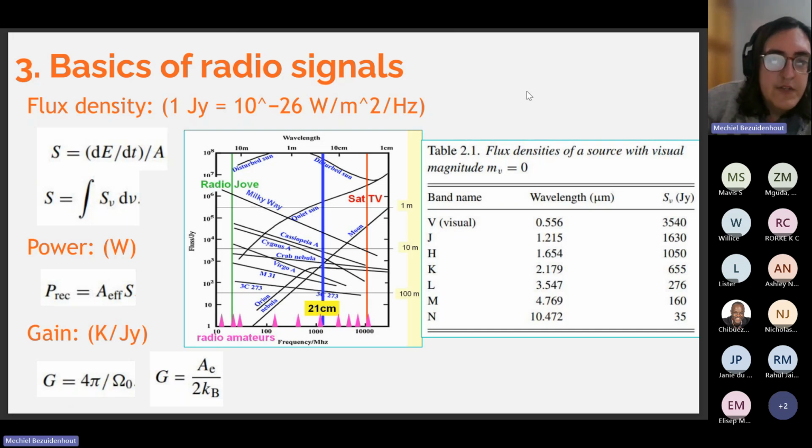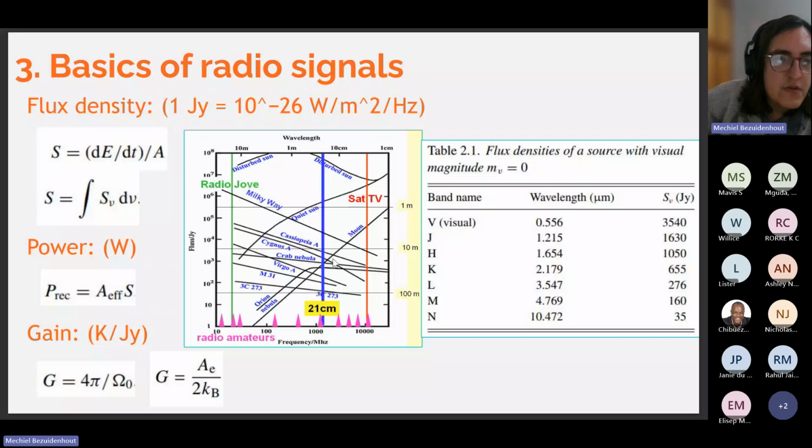To give you some notion of this, the plot in the middle shows the flux of different objects at different frequencies. If we look at the typical radio frequency around the 21 centimeter line, the Milky Way has a radio flux of about 10,000 to 100,000 Jansky.